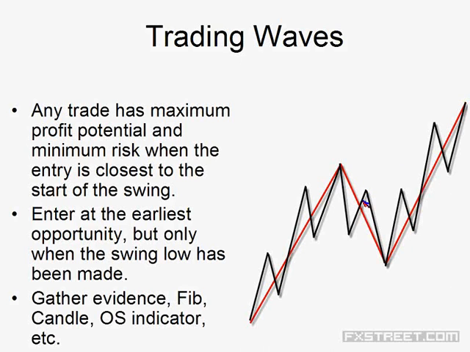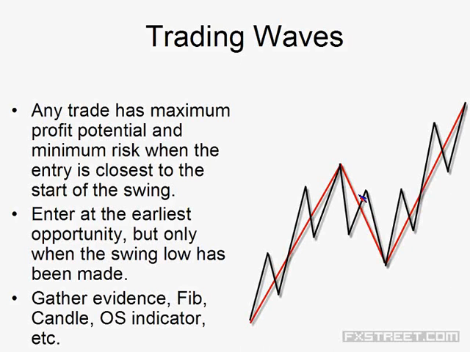Now, when we were just off air for a moment, I did mention that there is a rule of alternation. I'm going to just throw that into the melting pot right now, in that the corrective wave will quite often, as we see here, subdivide into an ABC with 3 waves, but sometimes you will see them subdividing into 5, A, B, C, D, E. And the rule of alternation suggests that if this corrective wave 2 subdivides into 3 waves, then the next corrective wave, which hasn't formed yet, the next corrective wave 4 is most likely to subdivide into 5 waves and vice versa.